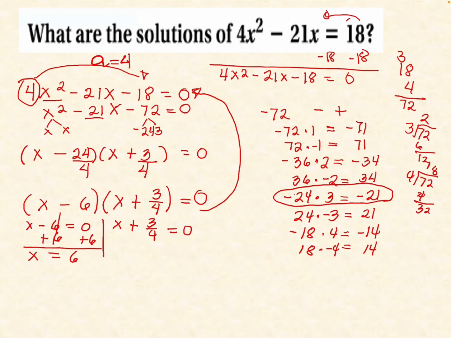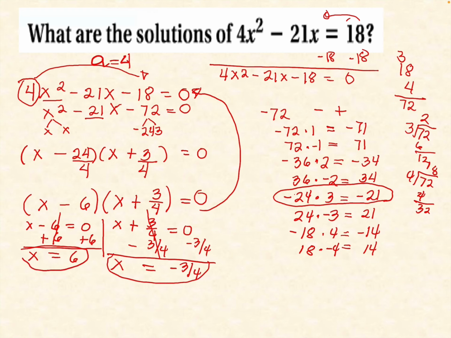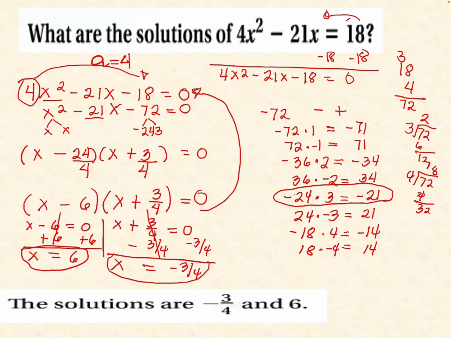For x plus 3/4 equals 0, get the opposite of positive 3/4, that is negative 3/4, on both sides of the equation. So x is equal to negative 3/4. So the solutions of the given quadratic equation are x equals 6 and x equals negative 3/4. Can you follow the steps?